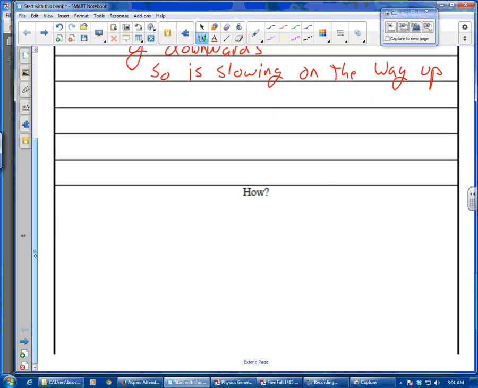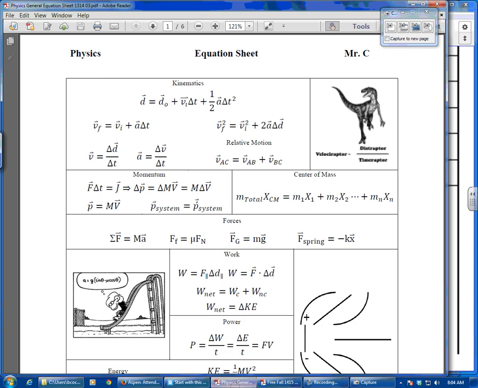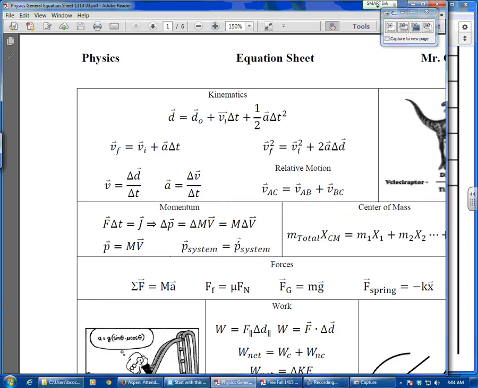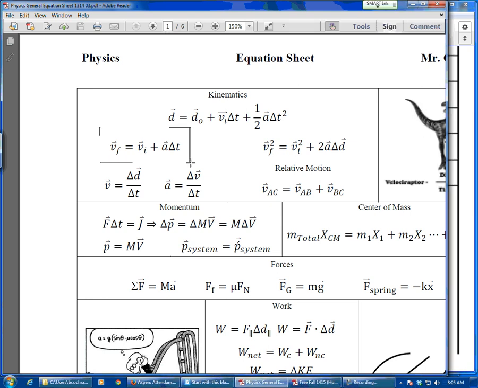Okay. So in the how, I'm going to grab an equation here. And the equation, it talks about my velocity is changing because I'm accelerating for a certain amount of time, is this one. V final is V initial plus AT.